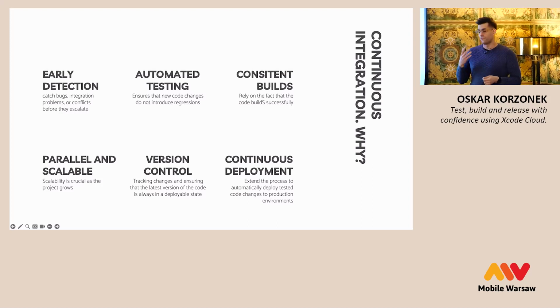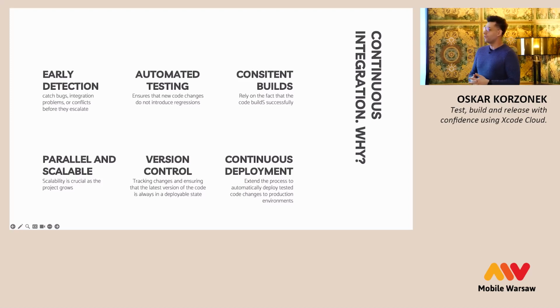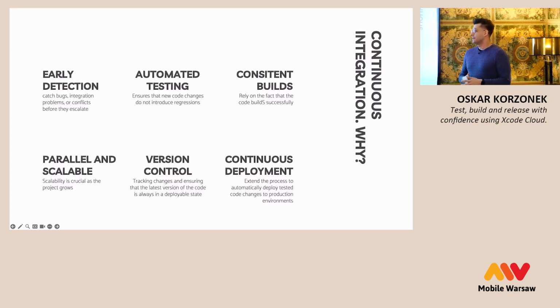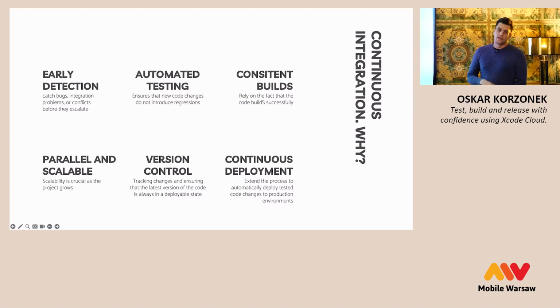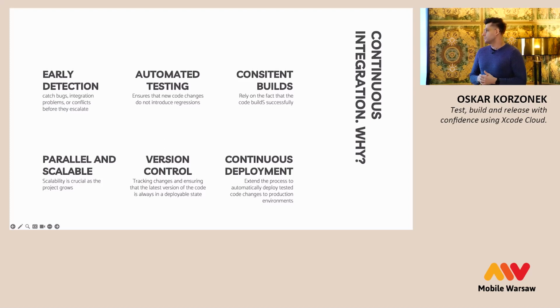Especially for big apps, like at Dyson, we have 15 teams working on one app, and you can imagine how many pull requests we have daily. So when everyone pushes code, it's very important to check every part of the app for bugs. Of course, continuous integration is integrated with version control, so it's easier to track your changes.